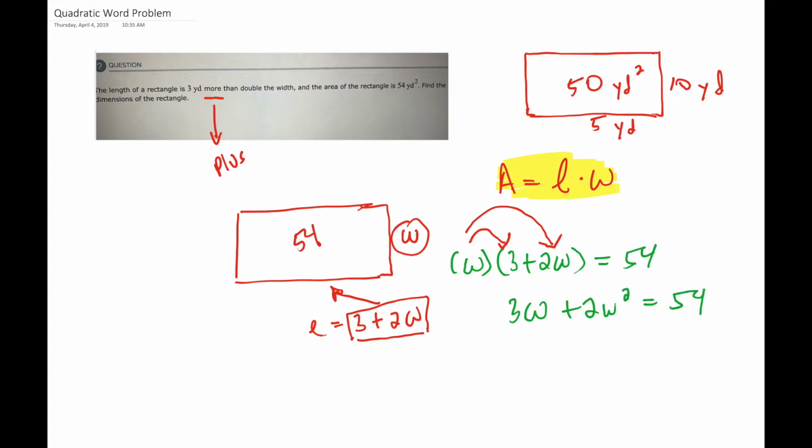Okay. And our goal is to solve for W. Do you remember on a graph, even though it has nothing to do with this problem, this is what we're actually doing? When you solve for the variable in a quadratic equation, usually x, what are you solving for graphically?